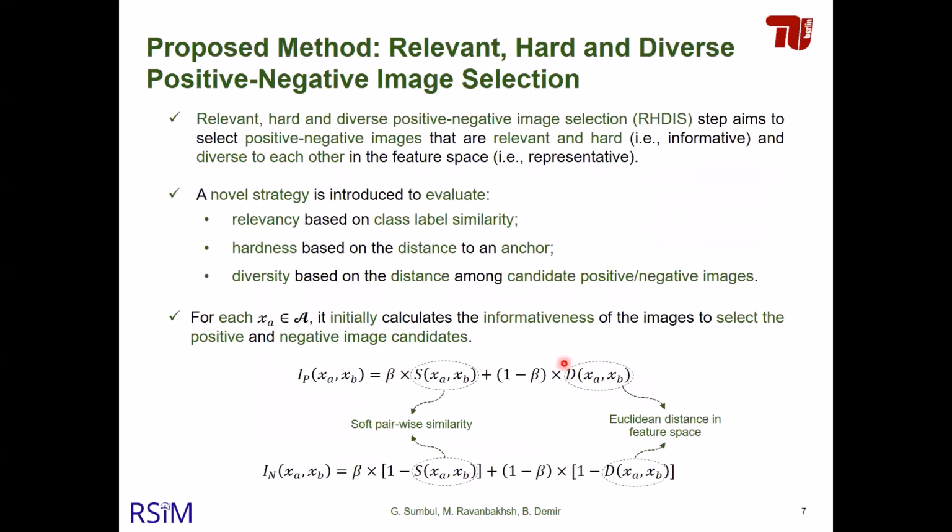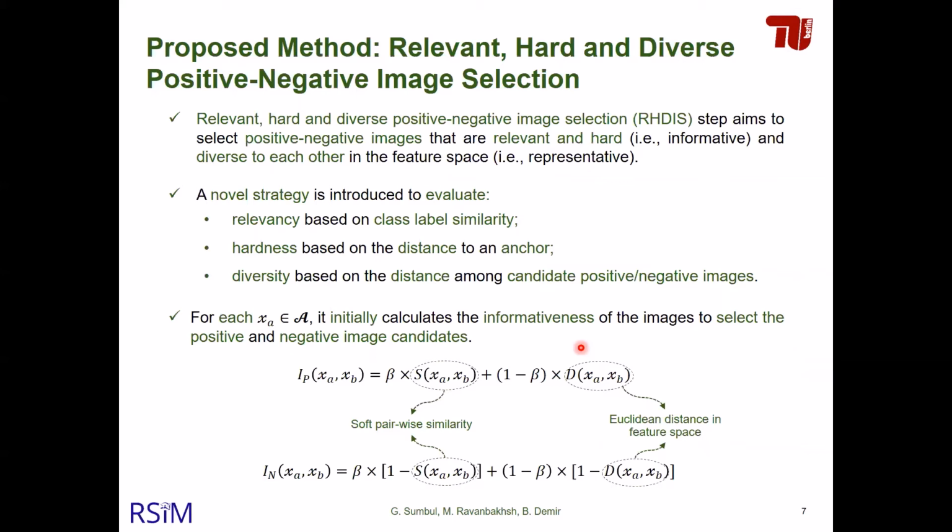The second step aims at selecting positive and negative images for each anchor that are relevant and hard, in other words informative, and diverse to each other in the feature space, which means representative. To this end, we introduce a novel relevant, hard, and diverse positive-negative image selection strategy. The relevance of an image to an anchor is calculated based on its multi-label similarity with the considered anchor.